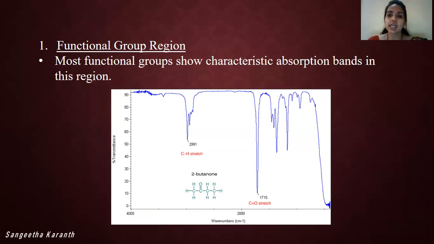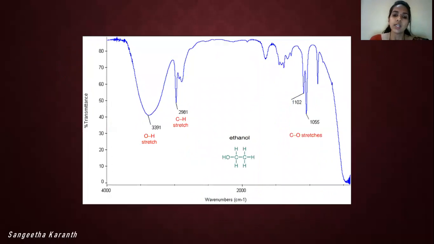Whenever there is a carbonyl group, that is a C double bond O group, in the molecule, we can see a strong peak at 1700 centimeter inverse in the IR spectrum. So this is one more example of an IR spectrum.